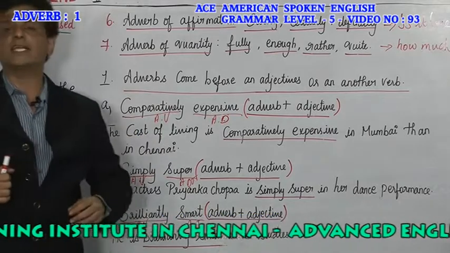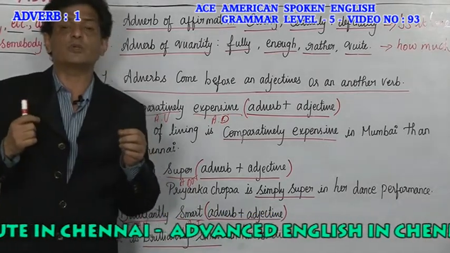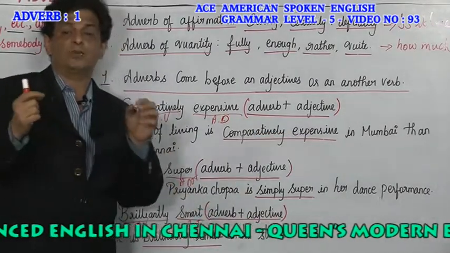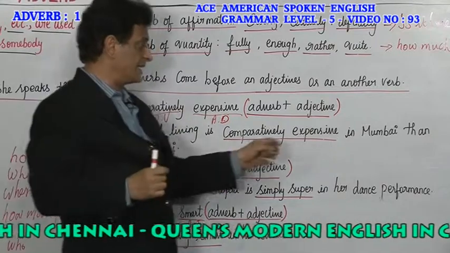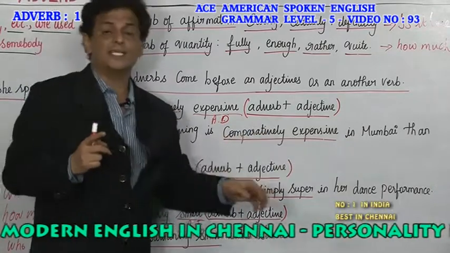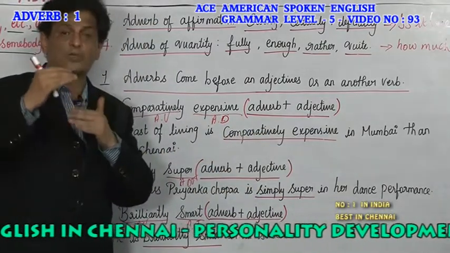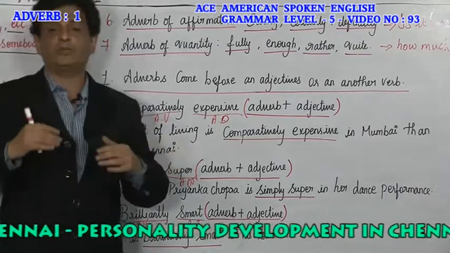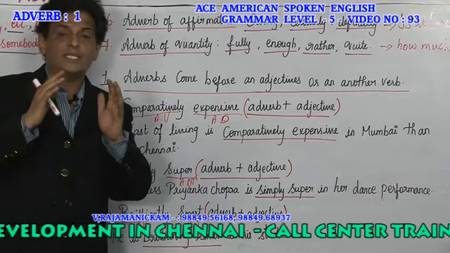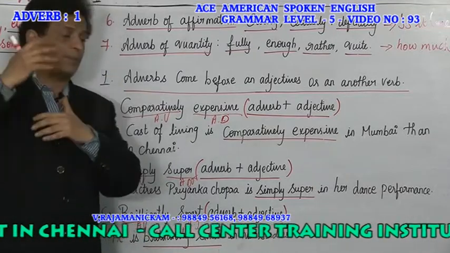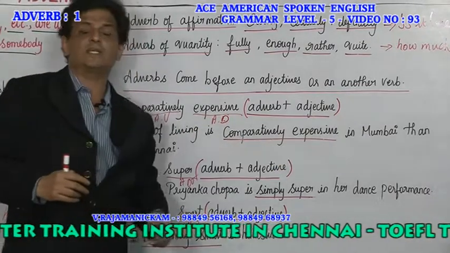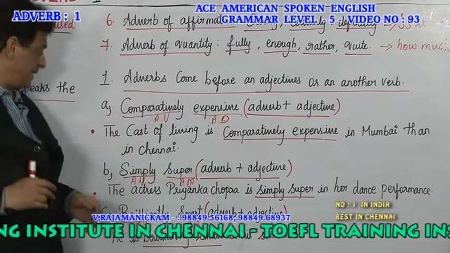The cost of living, வாழக்கூடிய செலவினங்கள், is comparatively expensive, ஒப்பிட்டு பார்க்கும் பொழுது விலை அதிகமாக இருக்கிறது. மும்பைக்கும் சென்னைக்கும் ஒப்பிட்டு பார்க்கும் பொழுது, மும்பையிலே வாழ்வது அதிக செலவினமாக இருக்கிறது.